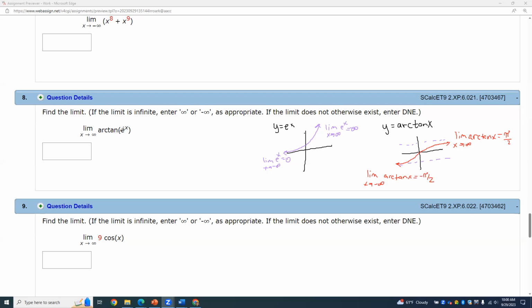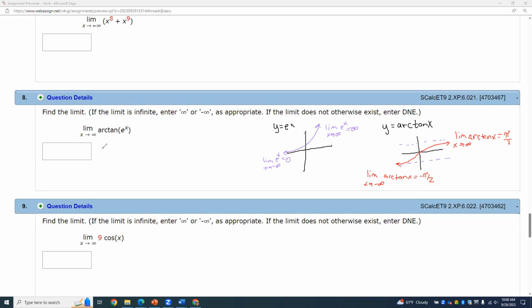We have a function within a function, essentially arctan is f of x and g of x is e to the x. This just makes it a little simpler. This is the sort of work I would recommend you get used to showing when you do your homework, because when it comes to checkpoints and tests, it can be an eye-opener.